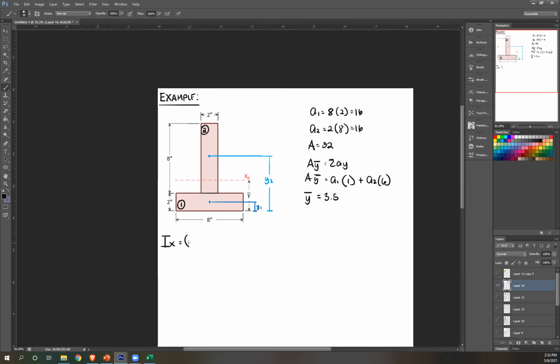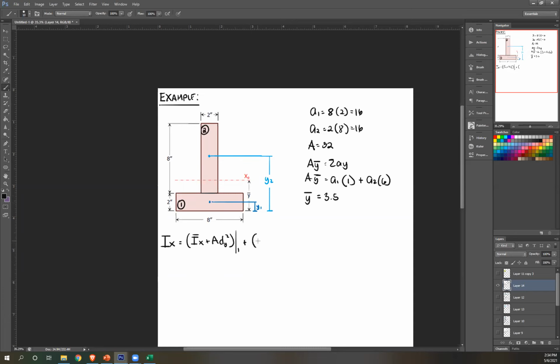So let's try Ix bar plus A dy squared, and this is for your rectangle 1. Okay, so this just means for 1. You'll see this symbol a lot, especially for strength of materials. You'll see something like this, PL over AE, and then ST. This means equation for your steel material. Just so that you don't get confused. So this just means equation for my bar 1.